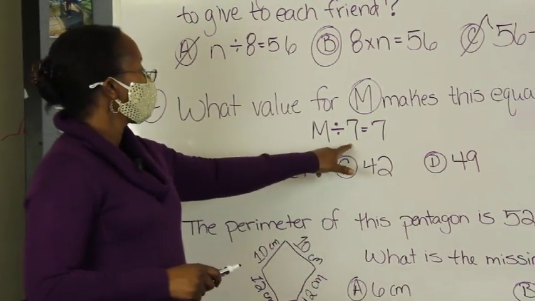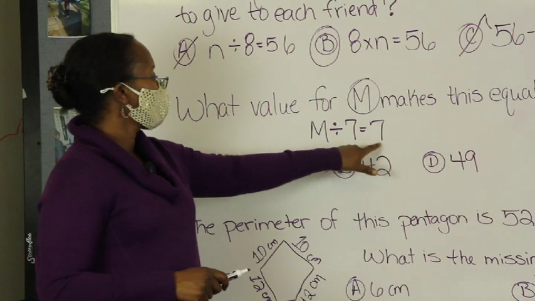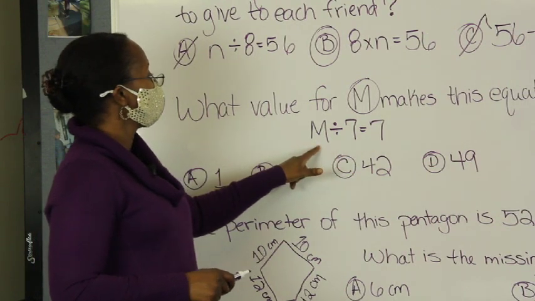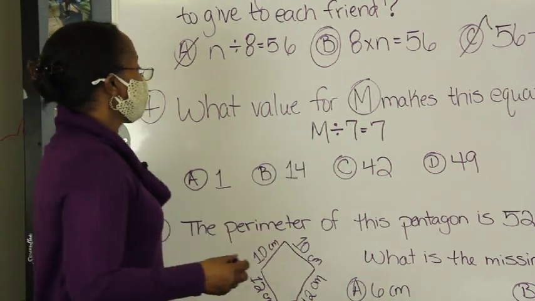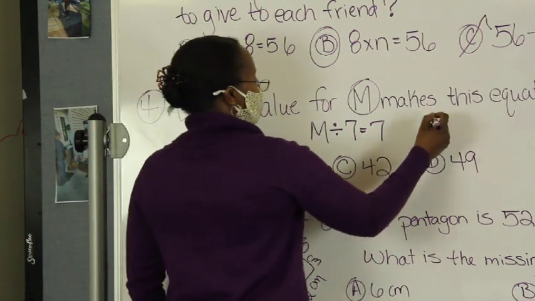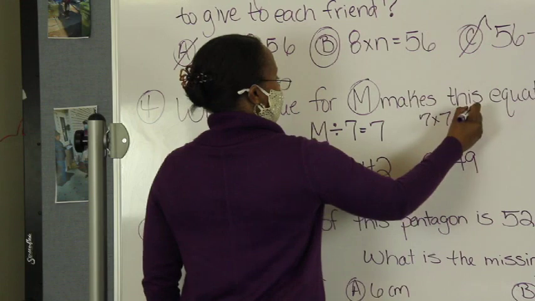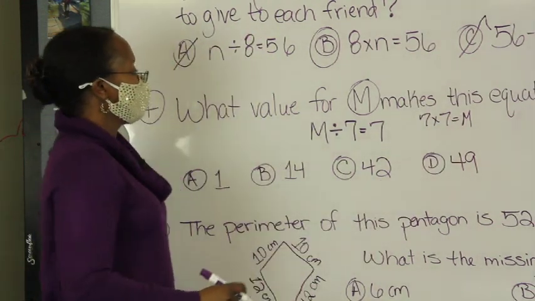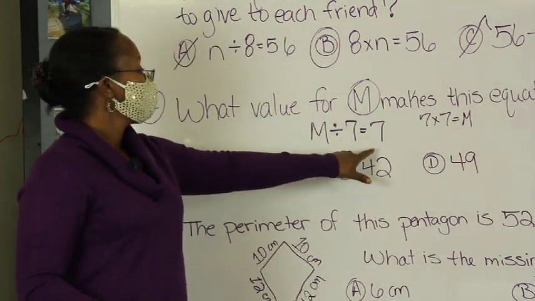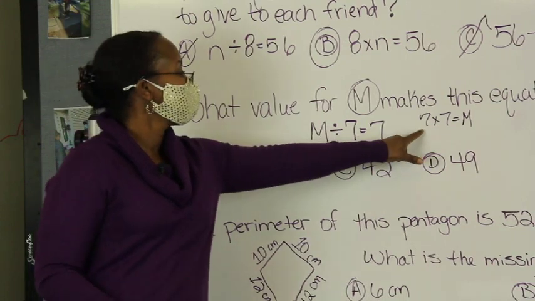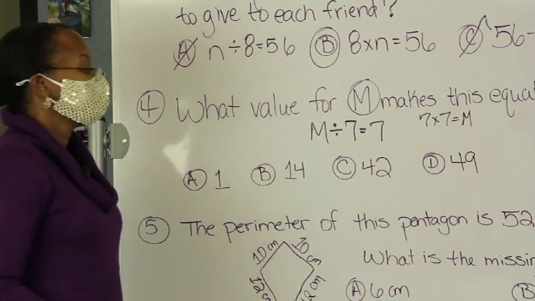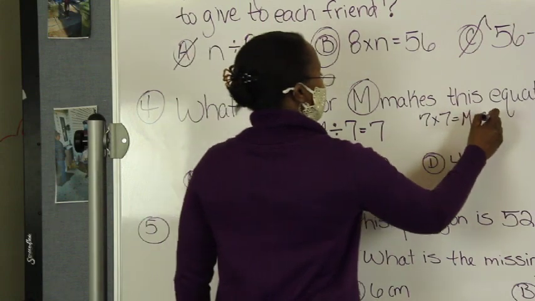But if you notice, 7 and 7 are going to be the factors that multiply to make M, okay? So if you were to change this around, you would want to know 7 times 7 equals M, okay? You see the pattern there? So 7 times 7 equals what? It equals 49.